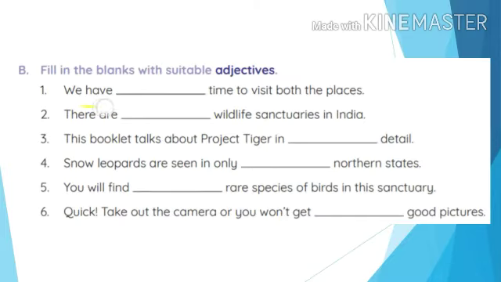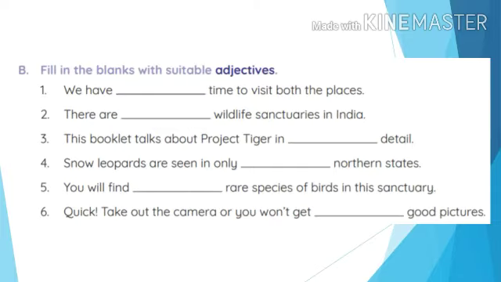You can say we have no time. No can be an adjective, and it can also be an adverb, isn't it? You are aware of it. So here you can write no time.